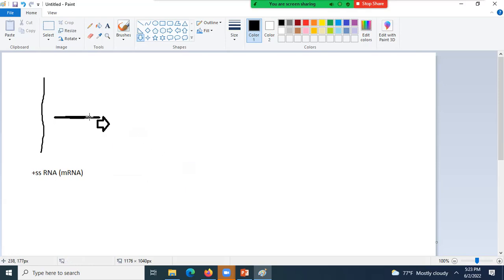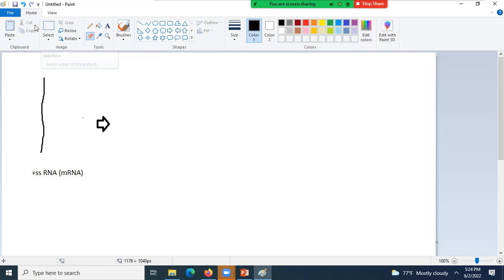There we go. Let's try and delete this. Sorry, I'm having a little trouble with my paint here for some reason. I'll just leave that block there. I got it.